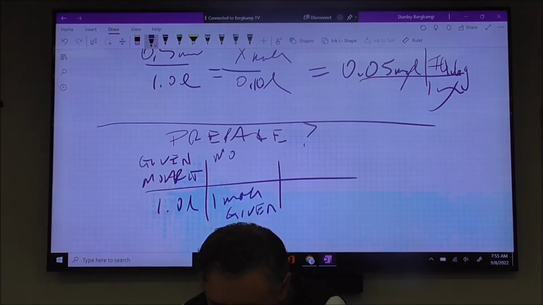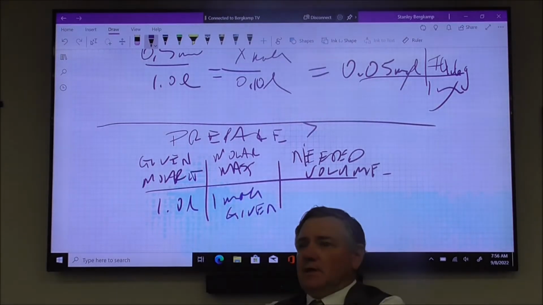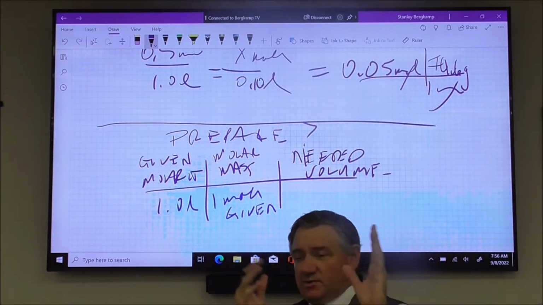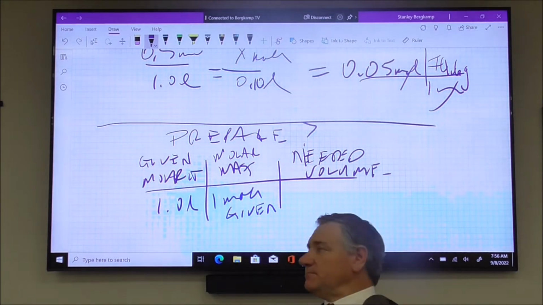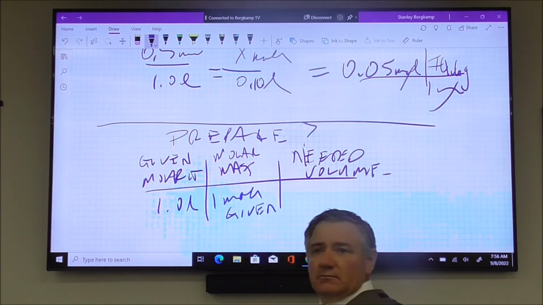I'm going to put the molar mass here. And I'm going to put the needed volume here. Okay? So if you want to make up an index card and say, how do I prepare a solution? There you go.